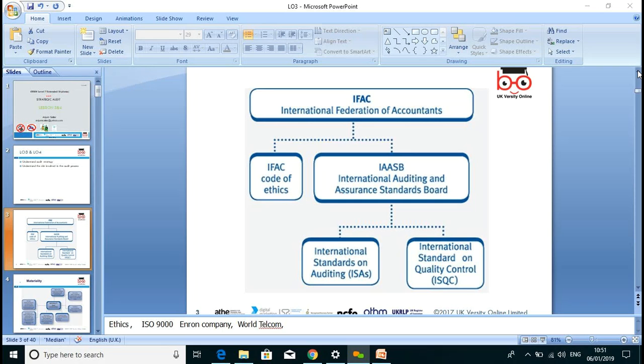We don't want to compromise, because audit is under great scrutiny. The International Federation of Accountants and the International Auditing Standards Board set the standards for audit, so we need to follow those.